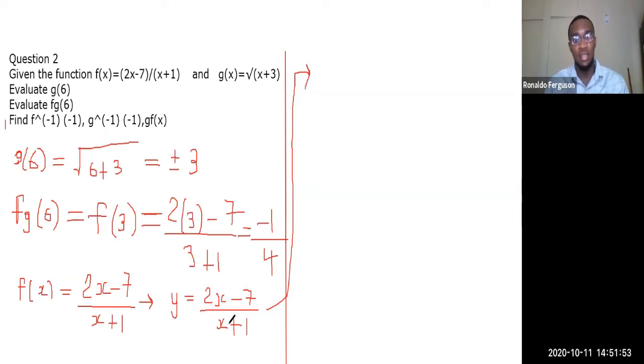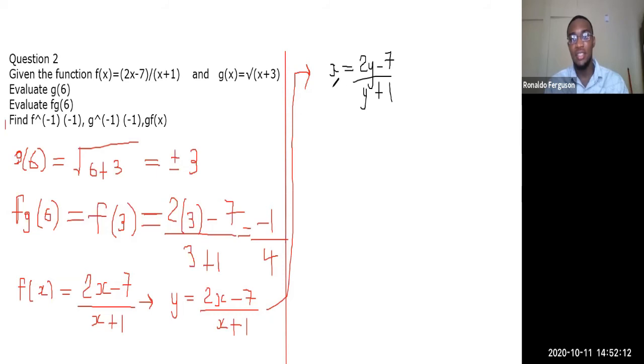y. Then we're going to interchange x and y, and so we get x is equal to 2y minus 7 over y plus 1. Then what is step 3? Step 3 is to make y the subject.